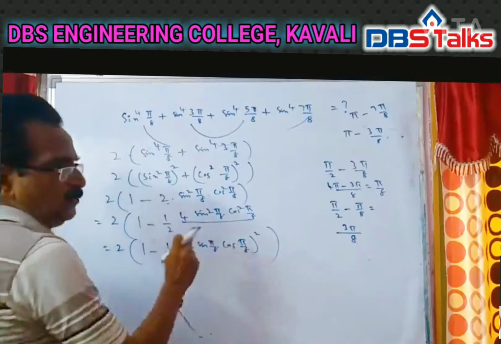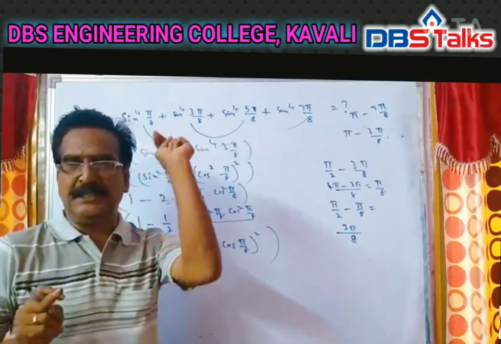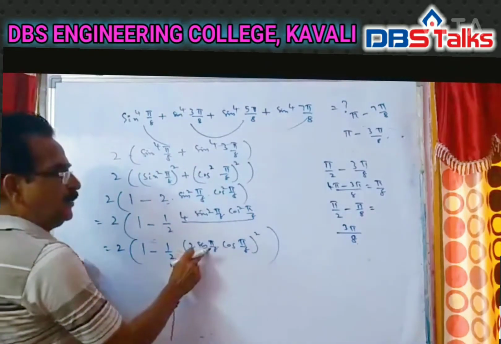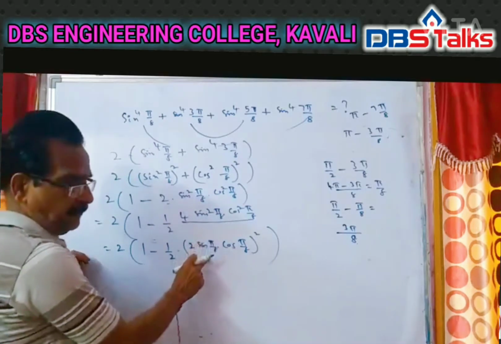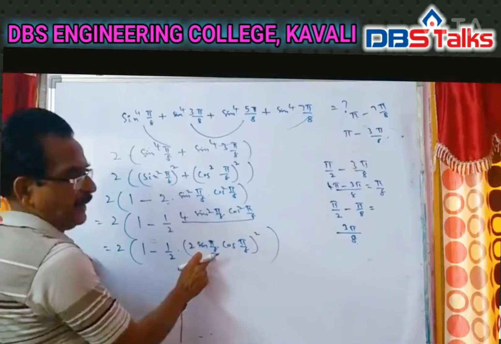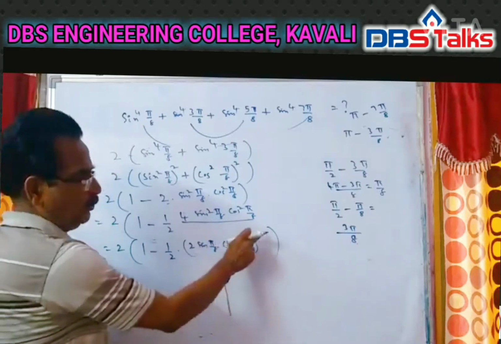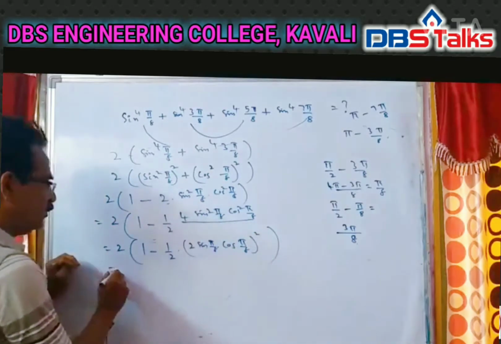2 sin theta into cos theta is sin 2 theta. Sin 2 into pi by 8 means sin pi by 4 whole square. Sin pi by 4 is 1 by root 2. 1 by root 2 whole square means 1 by 2.